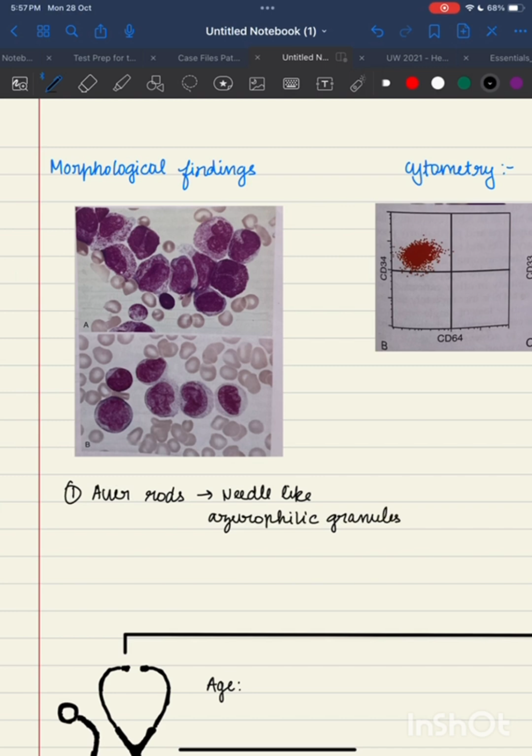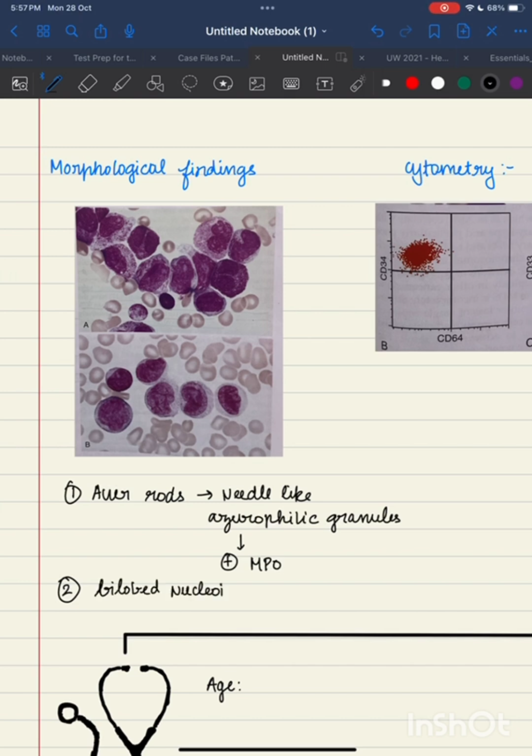They are positive for MPO stain. The next finding is bilobed nuclei. These two are very important findings.